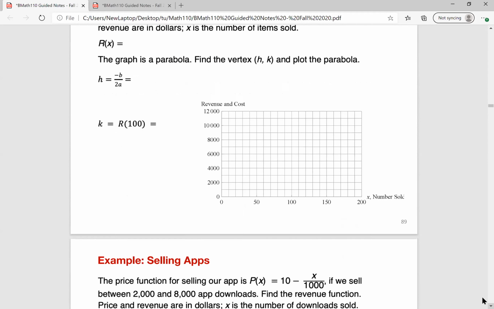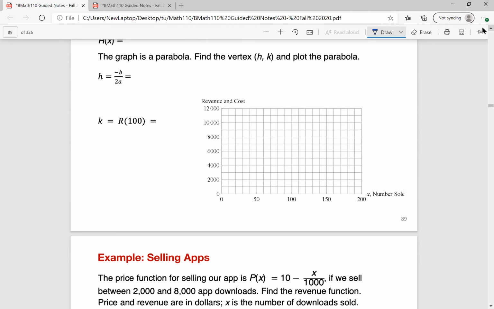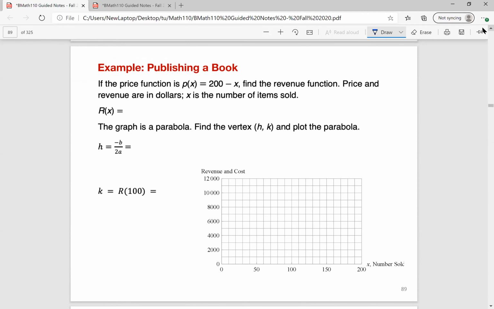So let's do an example. Example 1. Publishing a book. If the price function is p of x equal to 200 minus x, find the revenue function. Price and revenue are in dollars. x is the number of items sold.